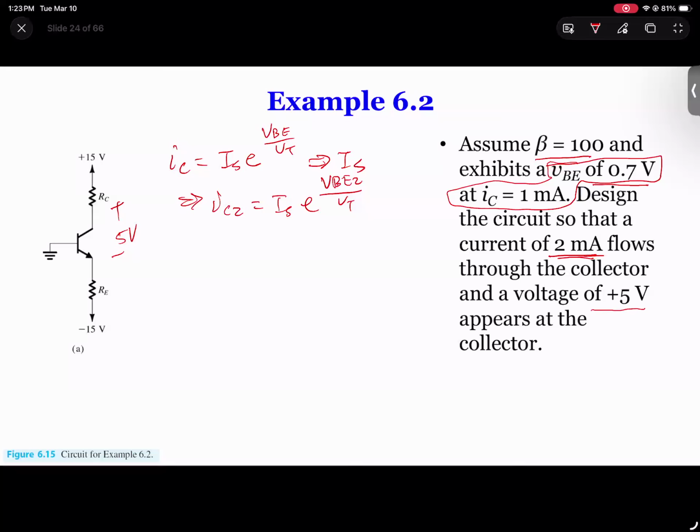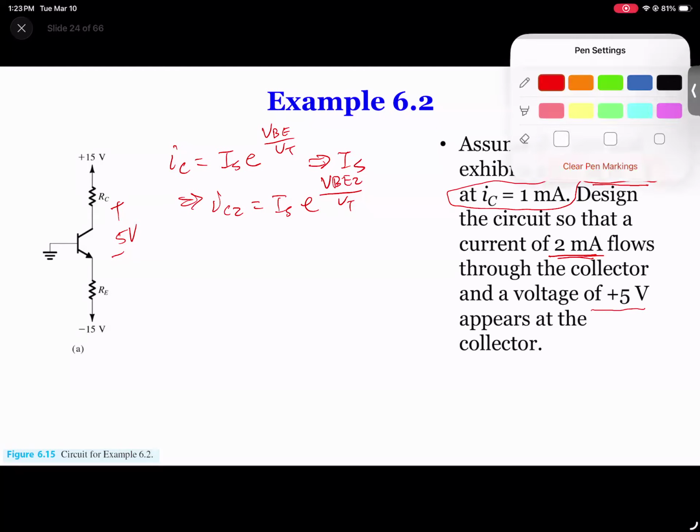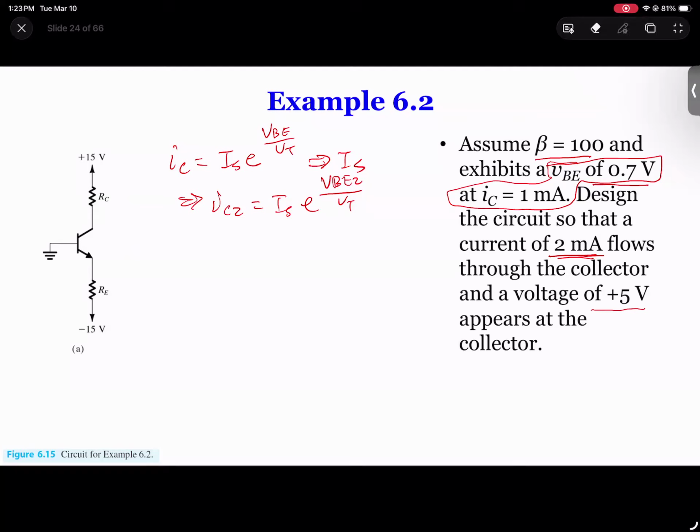Actually, no, this is not right. It didn't say that. It says the voltage here is 5 volts. We don't know the voltage over here. We call it VE. So the probably easy mistake to make is assuming VC is 5 volts in this case, which is not.